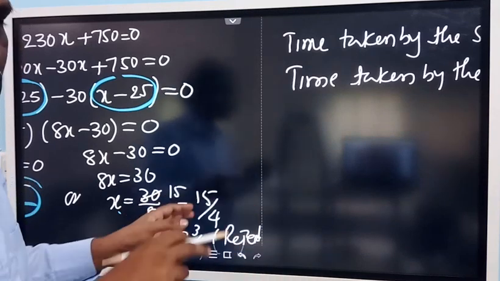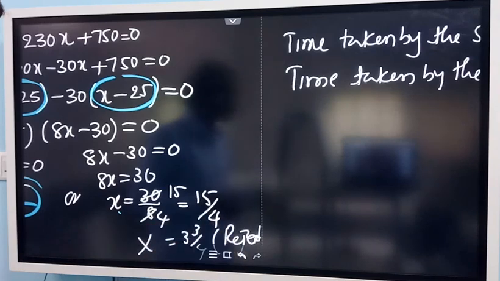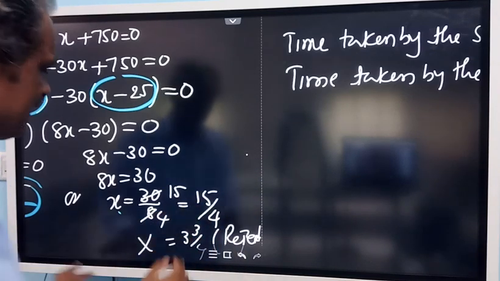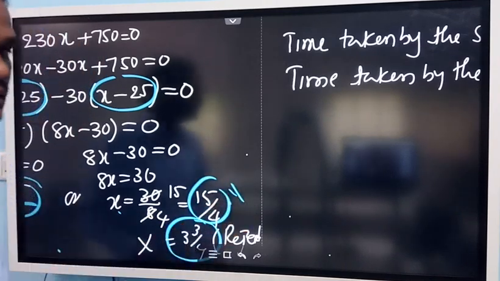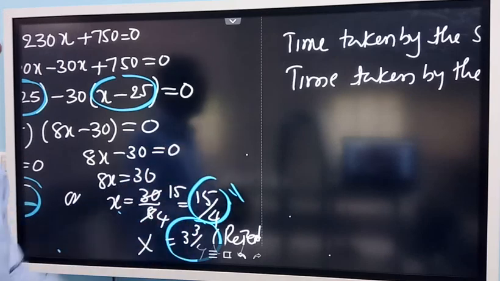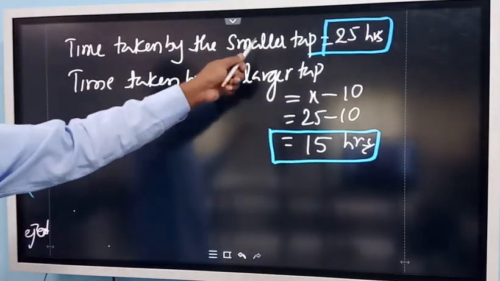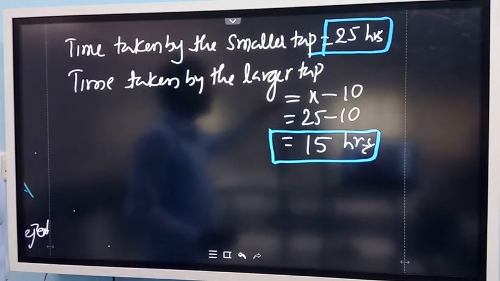When you go back to the question, the second tap takes 10 hours less. If you subtract, you get a negative answer. Therefore you need to reject 15 by 4. So that is how you can find the solution. The time taken by them: smaller one 25 hours, the larger one 15 hours, and you know that both together how much time it takes.